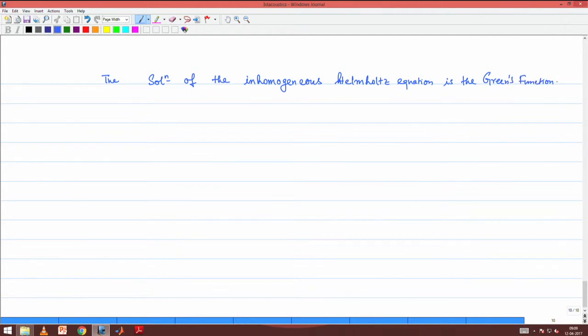Green's function is actually a very generic concept. For any partial differential equation with inhomogeneity, you can talk about its Green's function, but in the present course we are only dealing with the Helmholtz equation. So, this is the Green's function, more particularly of the Helmholtz equation.